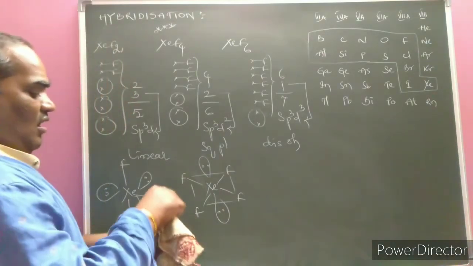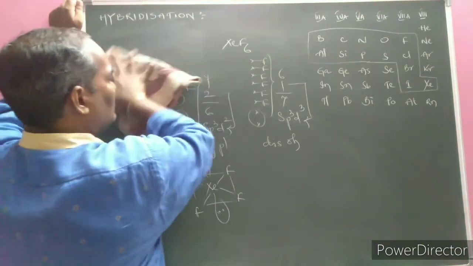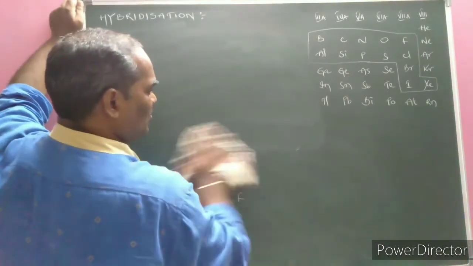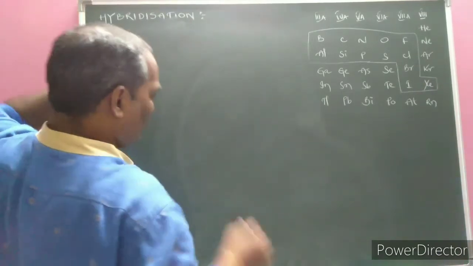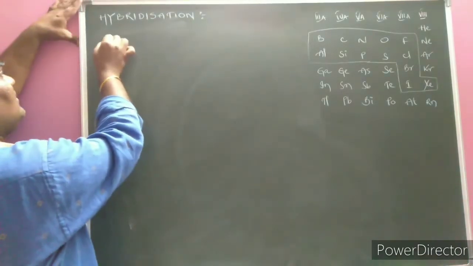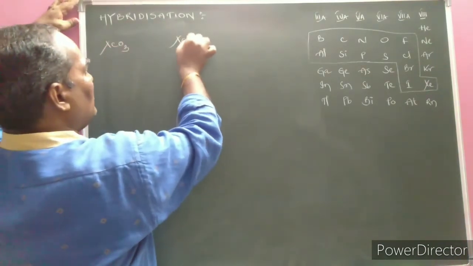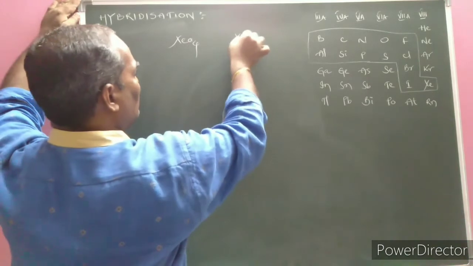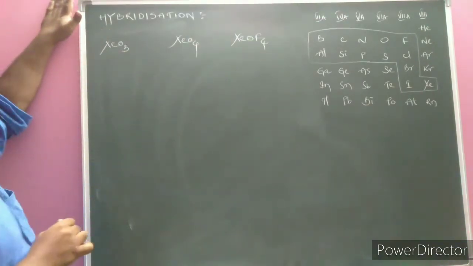And then the xenon oxides. In various cases they used to ask such kinds of questions. Under that, what we need to write are xenon trioxide, xenon tetroxide, xenon oxytetrafluoride, xenon dioxydifluoride.